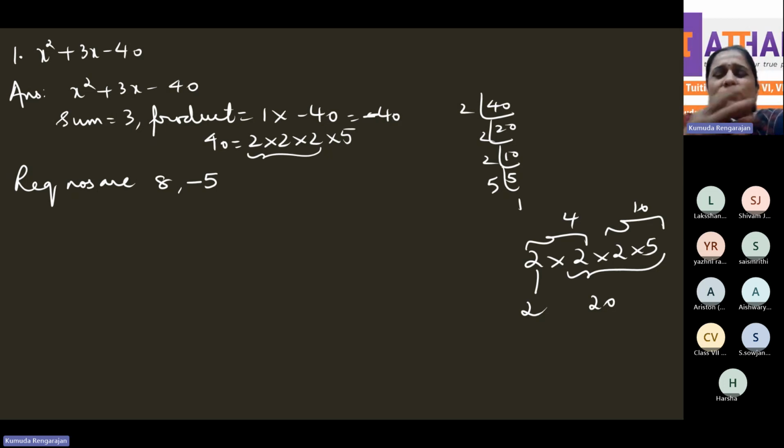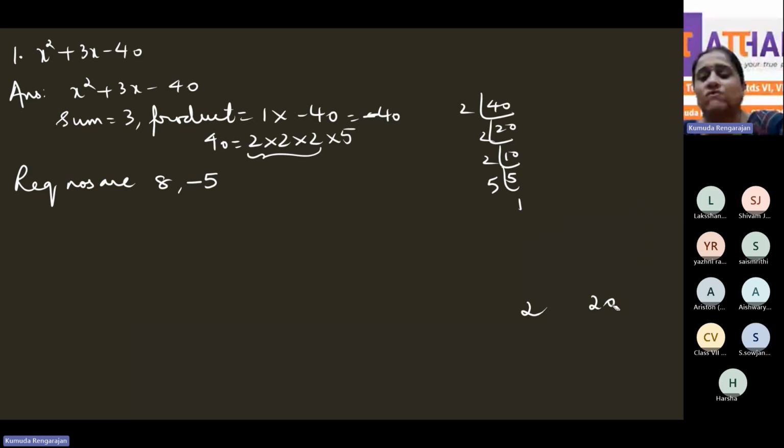Just add the two numbers, subtract the two numbers and see what you're getting. But you need to get the sum as 3. So you can make different combinations, but only one will work. Not all will work. Only one set of values will work, and that is 8 and minus 5 for this question.